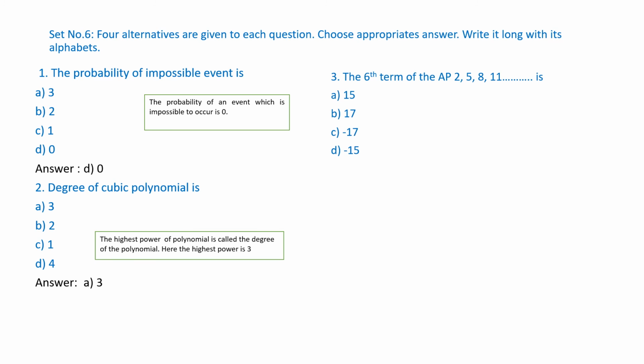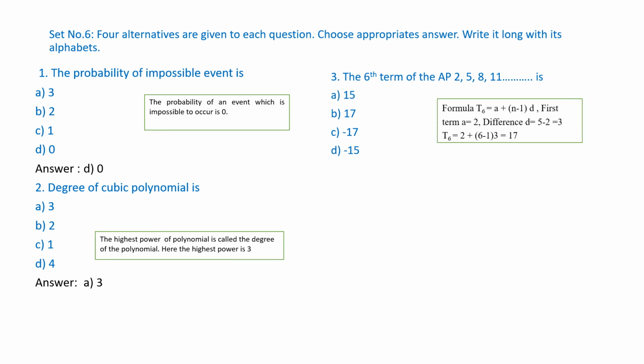Question number 3. The sixth term of the arithmetic progression 2, 5, 8, 11 is what we have to find out. Given options are A is 15, option B 17, option C minus 17, option D minus 15.